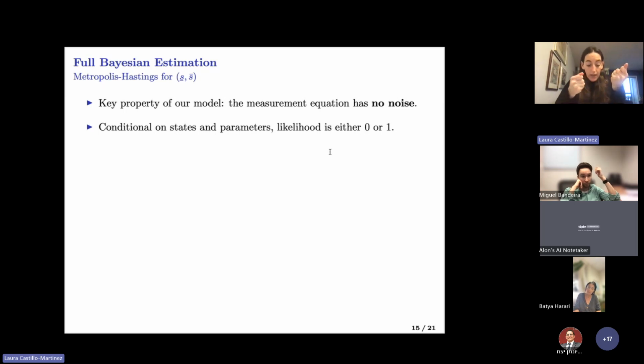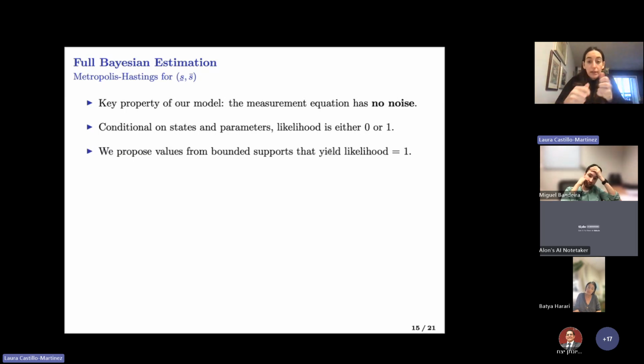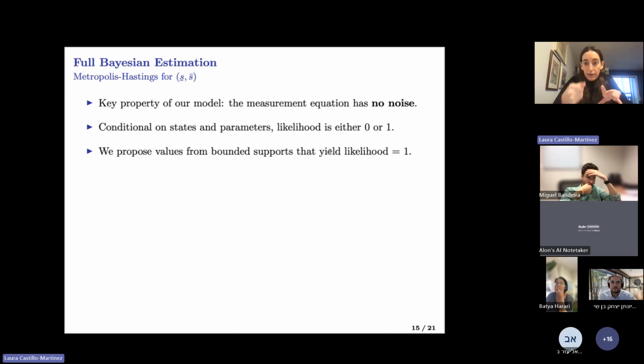This is going to help us in how we build the proposal distributions, because we're going to select them in such a way that the values are always going to produce a likelihood of 1. We're just going to choose the supports of the distribution that generate values that are consistent with what we observe, because we know whether it's possible or not.